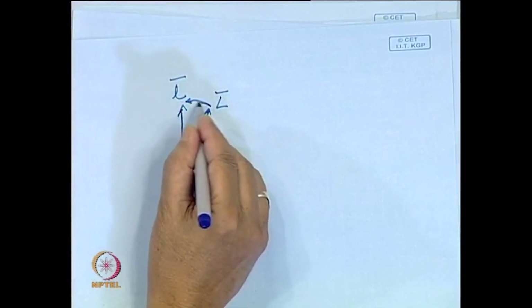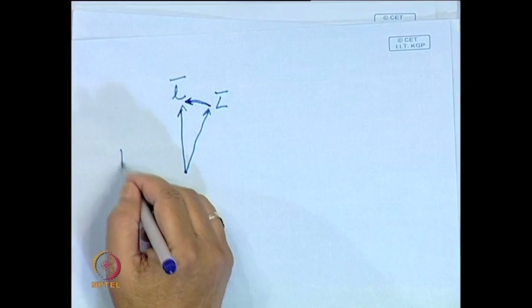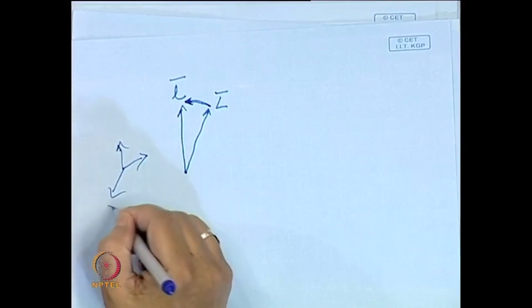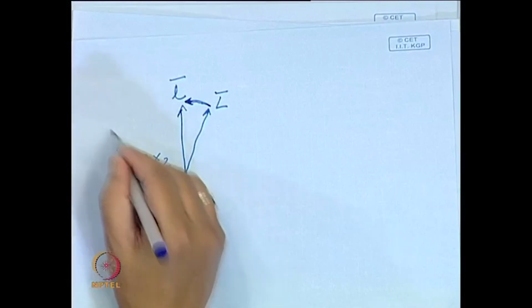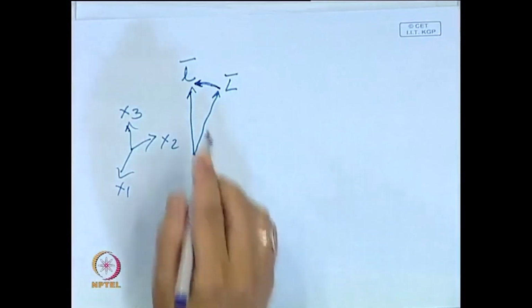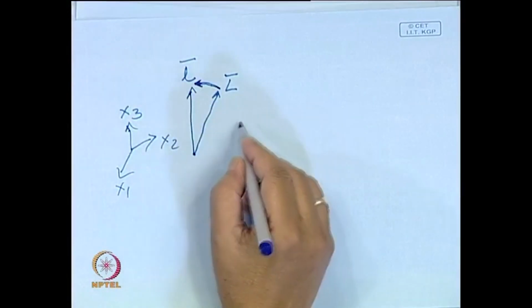This will be forced to rotate like this, but the crystal axis will not change. The lattice axes, say x 1, x 2, x 3, will still remain exactly the same.